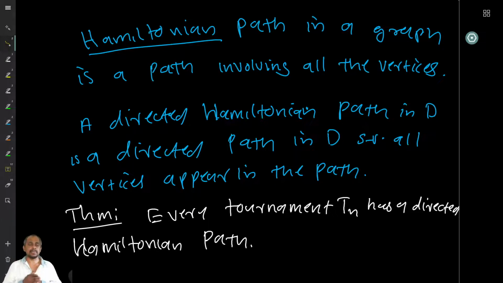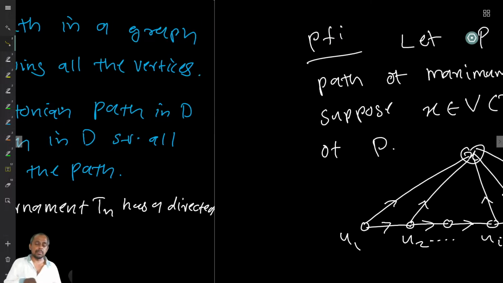Can you prove this? It's a very easy proof, but I still want to give it because the proof gives a nice argument, something that we have seen earlier, but which can still be made more thorough. So here we are going to look at the proof.